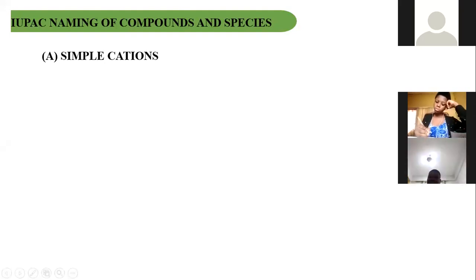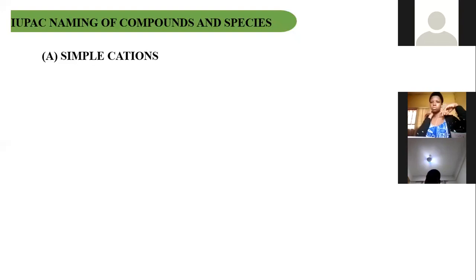Okay, so what I'm going to do, in fact, we have variety. What we're going to do now is I'm going to take you through all the species you can think about and how to name them. Whether it is a simple cation, a simple anion, oxo anions, oxo acids, salts, bases, double salt, and so on and so forth.